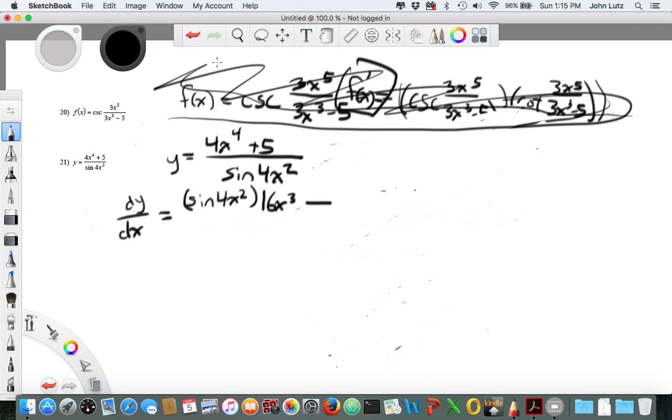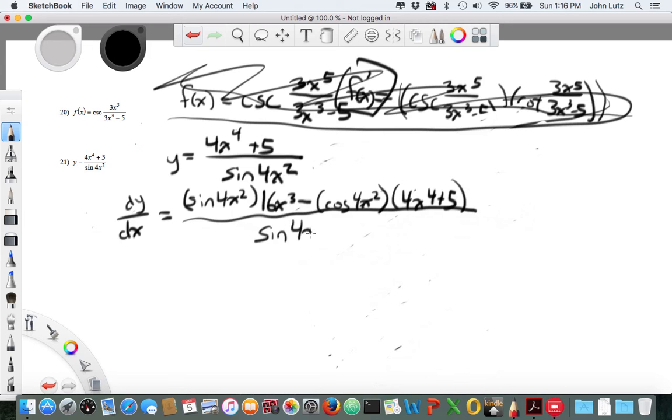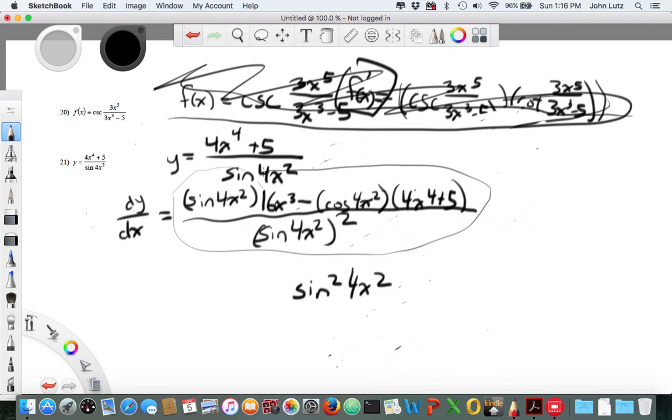So minus cosine of 4x squared times that intact, 4x to the fourth plus 5, all over sine of 4x squared squared, which will also sometimes be written as sine squared of 4x squared. And that's it.